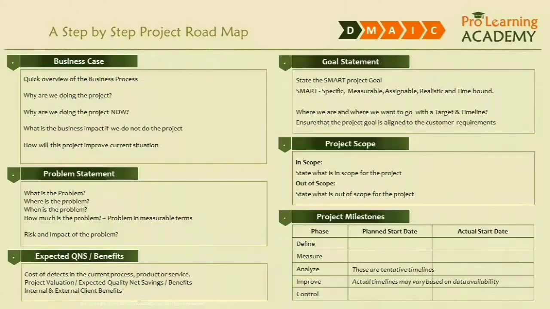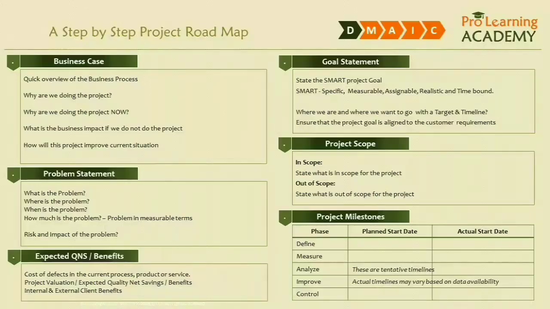Your project scope. Now your scope of the project is again an important factor, because let's say you have 3 different centers and you're talking about customer satisfaction. You have a center in 3 different cities. So your project scope should be limited to one city, or let's say 2 cities or 3 cities, whatever the case may be.